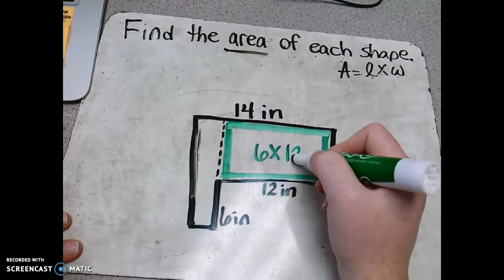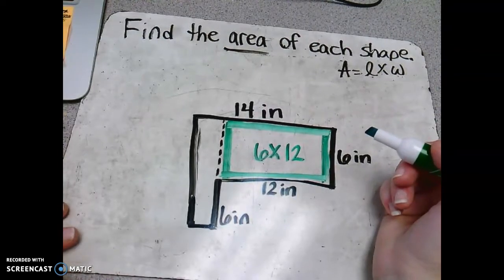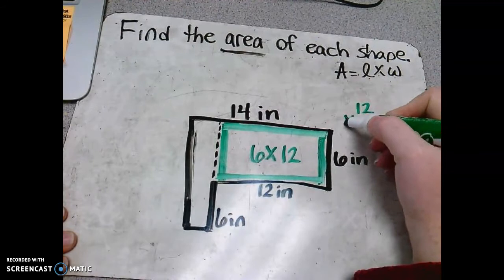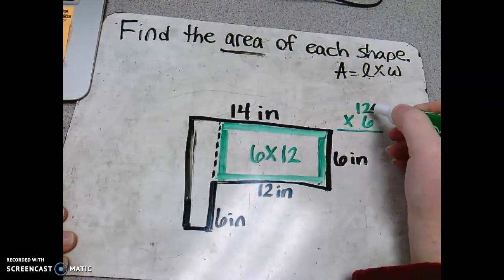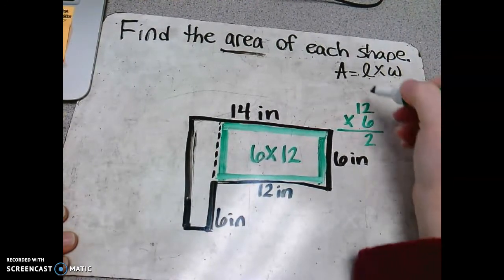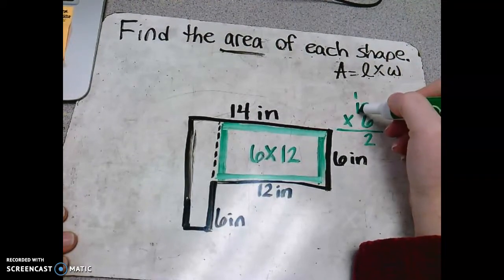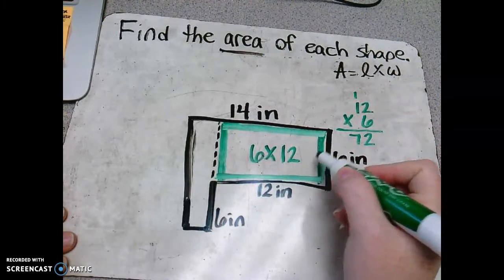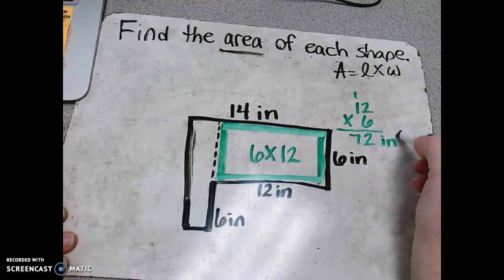So I'm going to do 6 times 12. Now if you don't know what 6 times 12 is, come to this side and write it like this. 6 times 2 is 12. Carry your 1. 6 times 1 is 6, plus 1 is 7. So the area for this green shape is 72 inches squared.